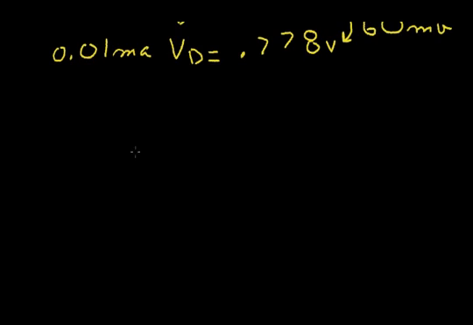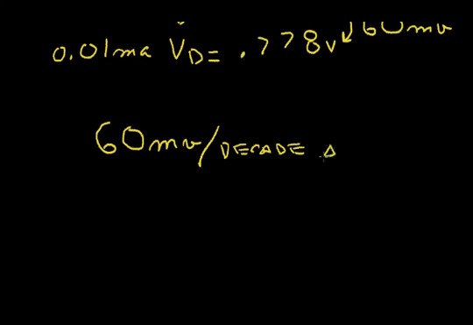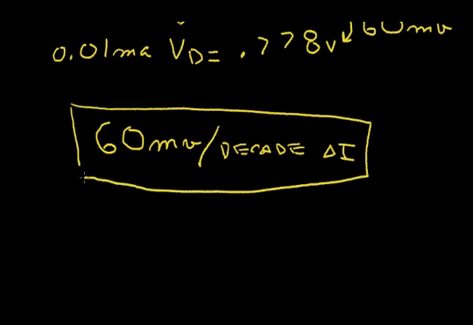For a decade change in current, the diode voltage changes by 60 millivolts, and again this is per decade of current change, I'll call it delta I. And this is a rule of thumb that's good to remember.